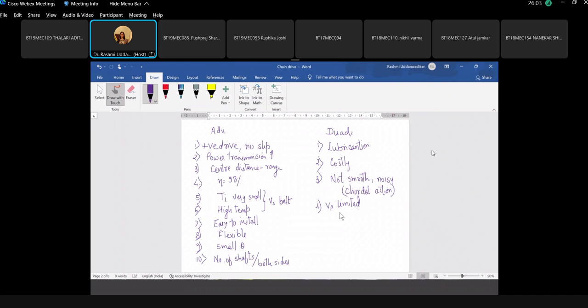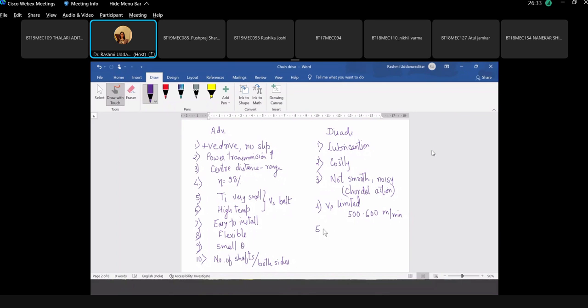Like you can use a silent chain or some other variant of chain, so that this chordal action, this noise level, goes down. So this says limited to 500 to 600 meters per minute. Belt drive you can go for 1000 meters per minute, 1200 meters per minute.